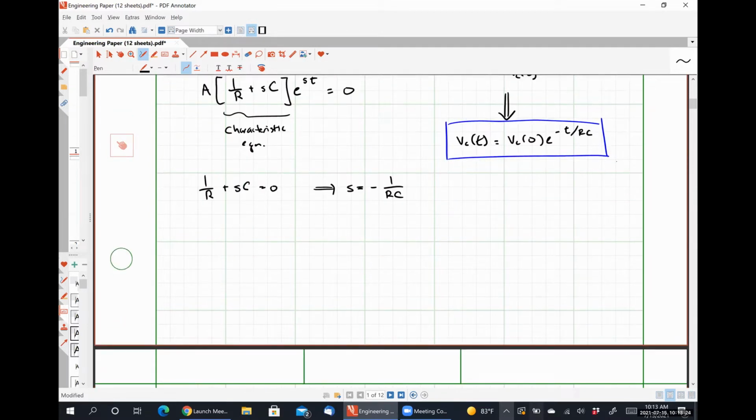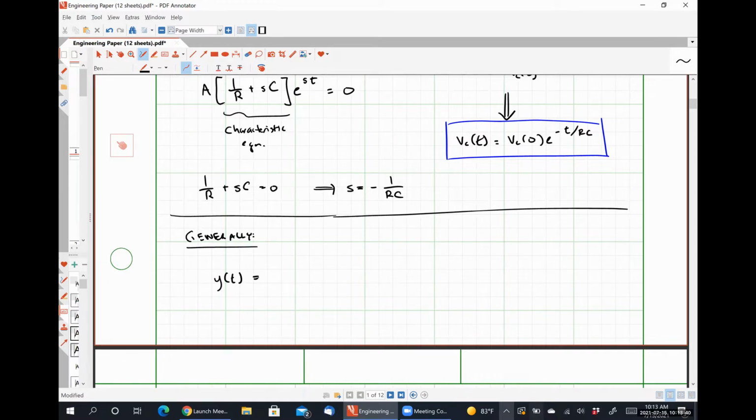So what we should observe in any RC circuit is that Y of t, which could be representative of any voltage or current in an RC system, will be of the form Y at 0 minus for t less than 0 minus, and Y at 0 plus e to the negative t divided by RC, for all t greater than 0 plus.